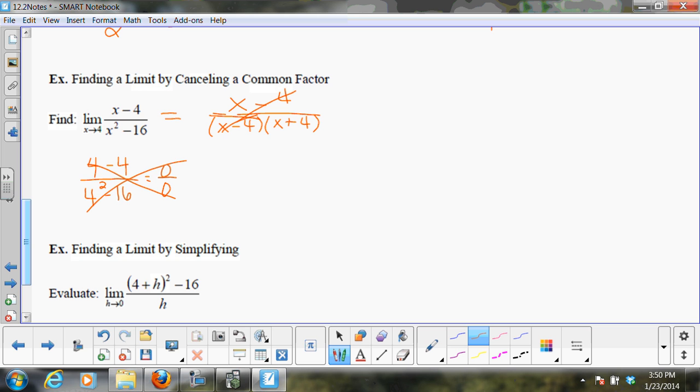The x minus 4's go away. So I'm really taking the limit as x goes to 4 of 1 over x plus 4. Now I can direct substitute, getting 1/8. Limits are on the final exam, just so you know.